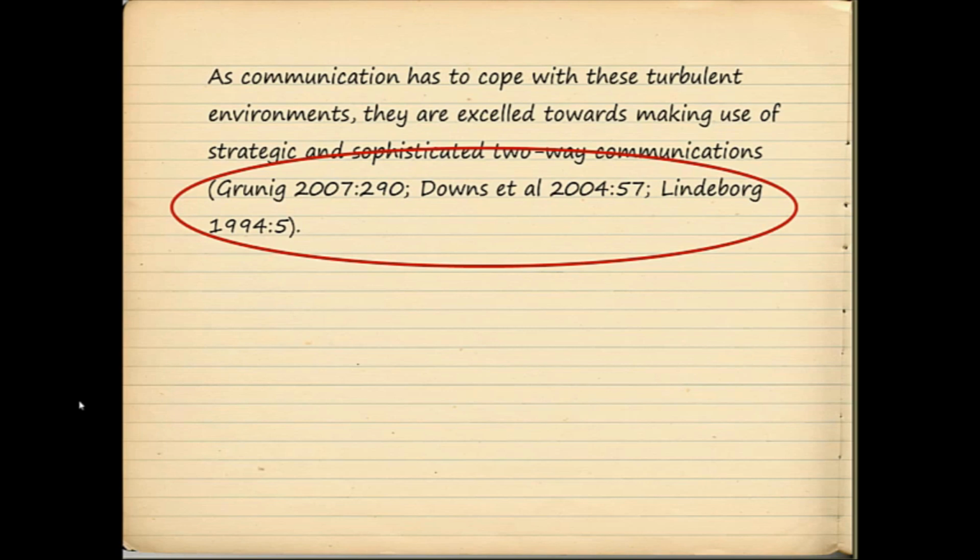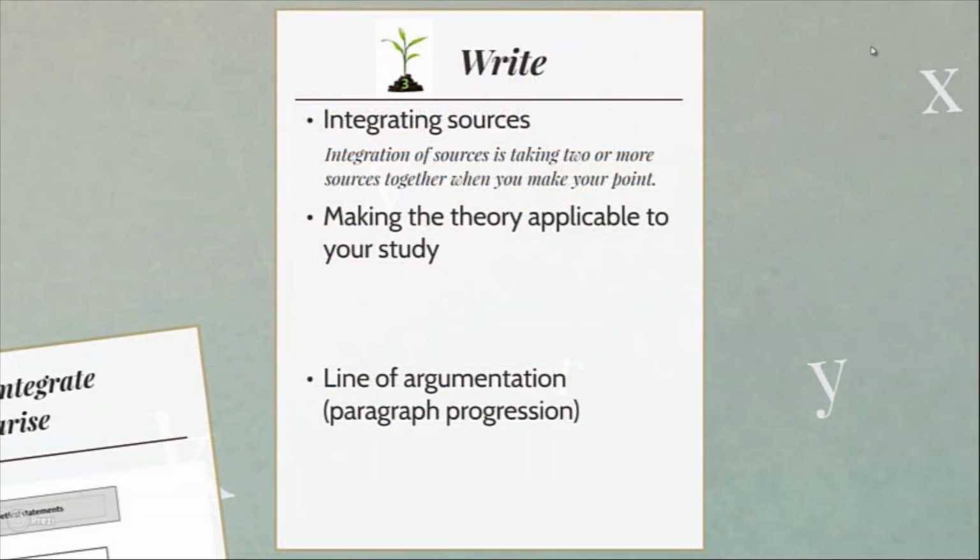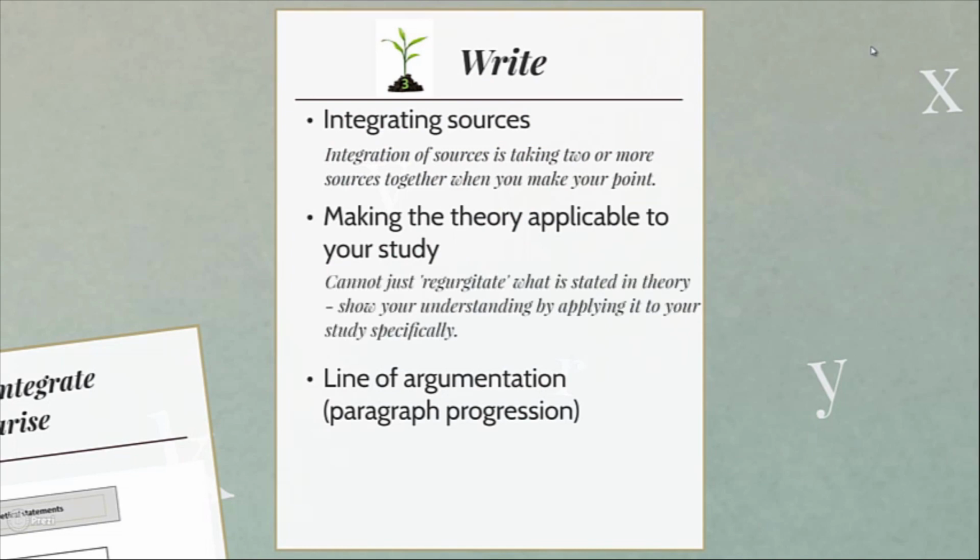We separate the sources out by a semicolon. So that's integrating sources. Let's now look at making the theory applicable to your study. You cannot just regurgitate what is already stated in the literature, because nobody really wants to see a literature review that's just a summary of everything that you've read.